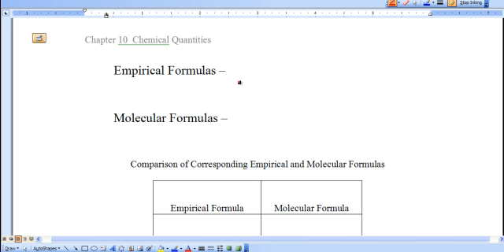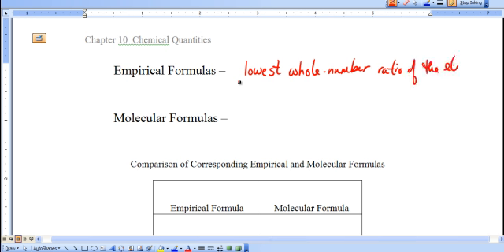An empirical formula is simply the lowest whole number ratio of the elements in a compound. Okay, the lowest whole number ratio of elements in a compound, as opposed to the molecular formulas.